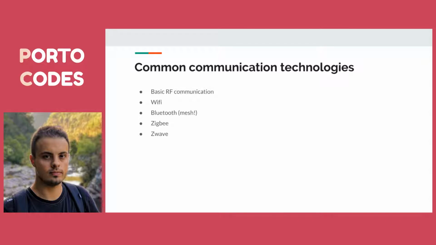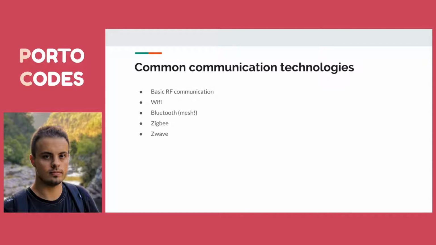Personally, I think Bluetooth will be the big thing in home automation in some years because of that, and because you have Bluetooth on your cell phone. Zigbee and Z-Wave are older technologies that are mesh too. Zigbee usually is expensive, but follows the protocol. Z-Wave devices usually follow the protocol, but are expensive.